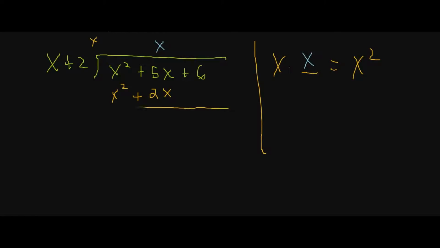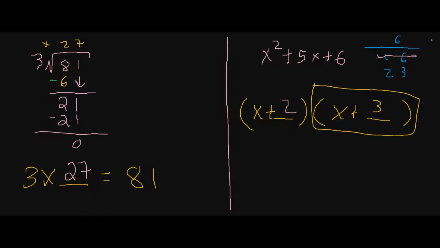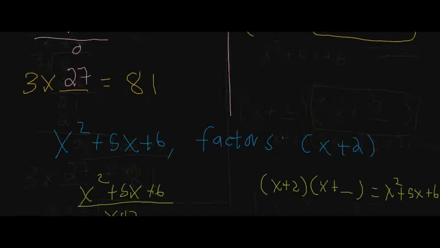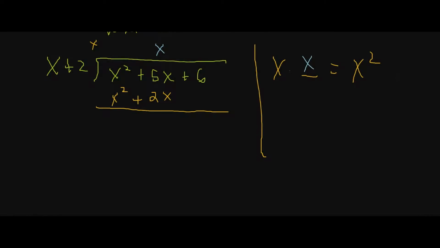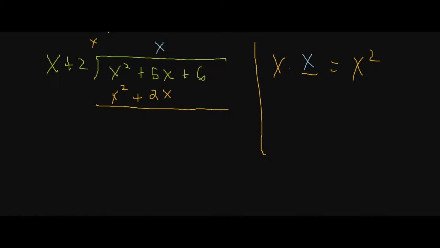Now I'll put my little division sign here. Just like before when we did the problem up here, it was a 6 and we put a minus 6. So we're going to do the same thing over here. This whole thing we're subtracting. So we're going to get x squared minus x squared, and then 5x minus 2x.